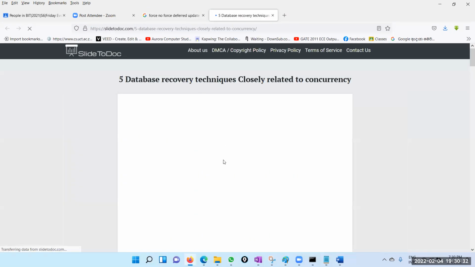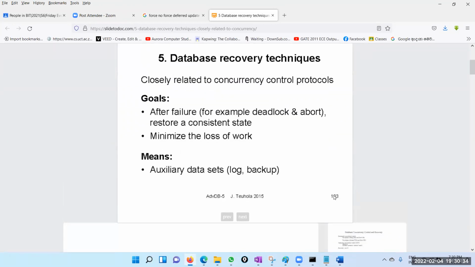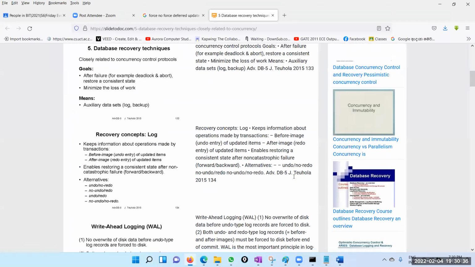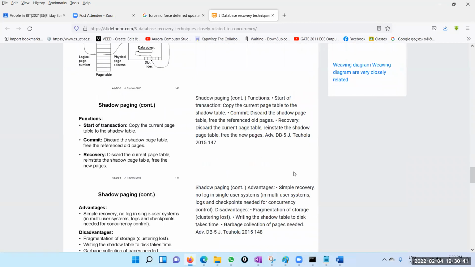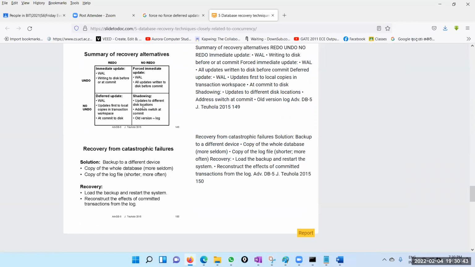You can see here. Where is it? Which slide is that? This one.